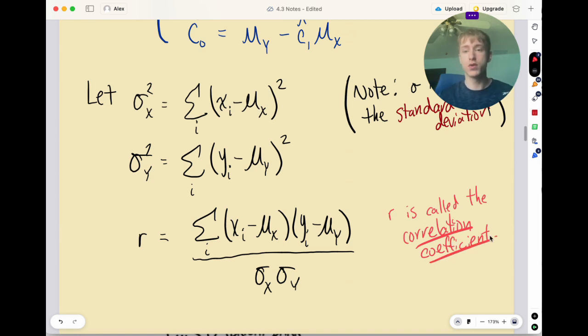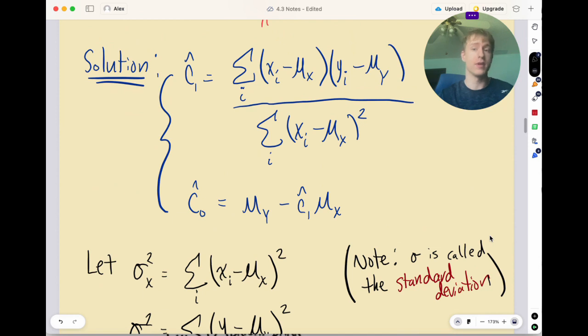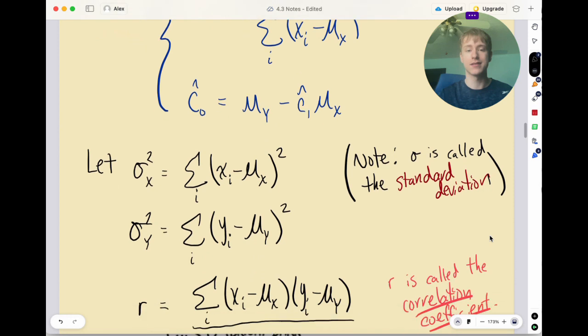And with those substitutions, we can now reframe this solution set a little bit more favorably. I encourage you to write this down and pause for a minute to confirm what I'm about to write.